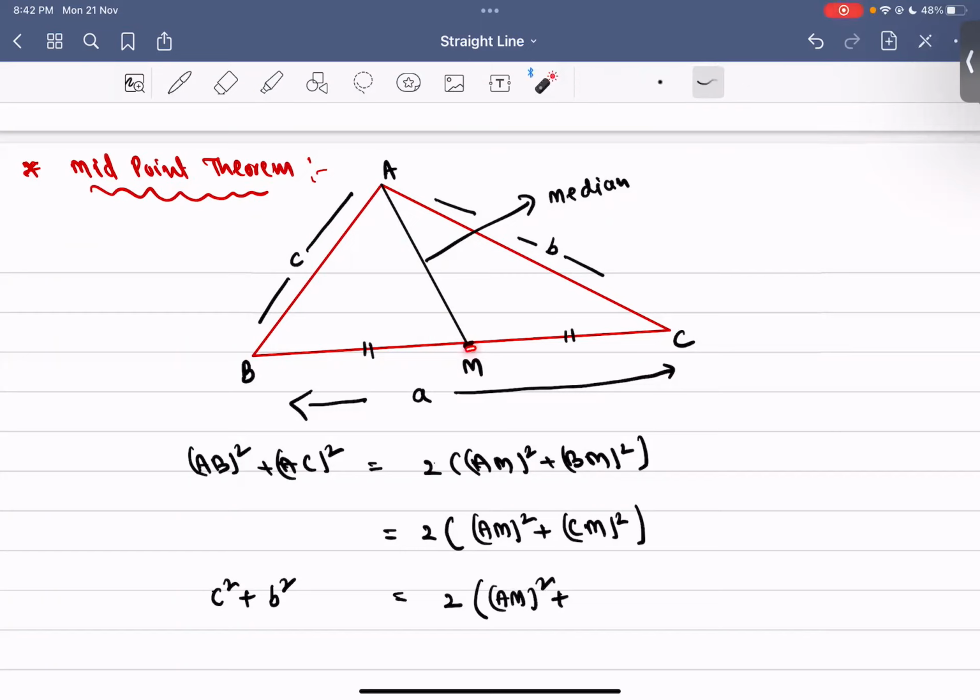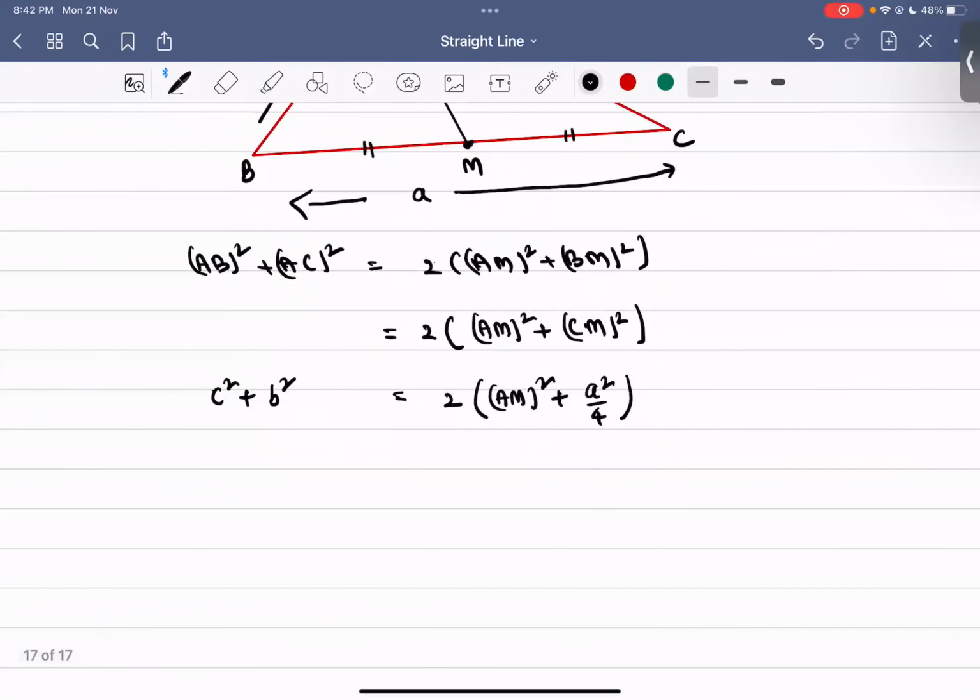Yes or no? Because this is half of the side. Therefore this is a by 2, that is a square by 4. So now, if you isolate 2 AM square, that is 2 AM square plus a square by 2 is equal to c square plus b square.